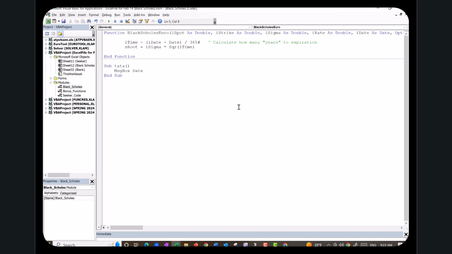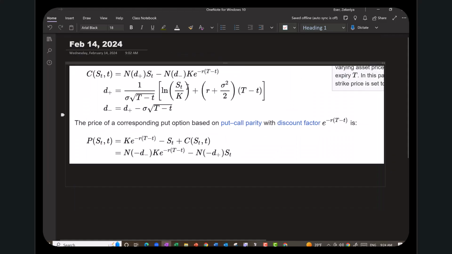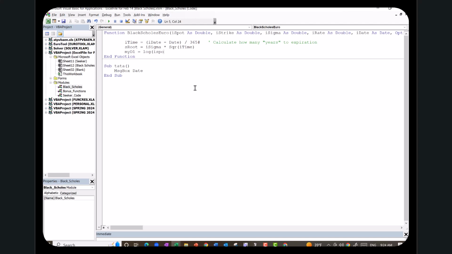Let's call it my d1: log of spot over strike, so iSpot over iStrike, plus iRate times 0.5 times iSigma times iSigma.